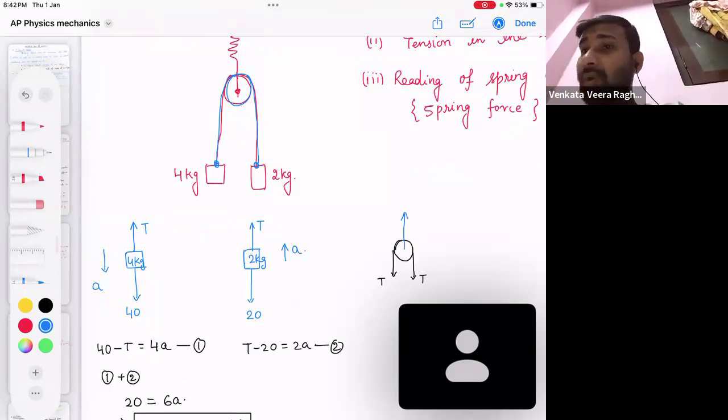The pulley is always in equilibrium. Net force on the pulley, we will always get it as how much? Zero. So if this side tension is T and this side tension is T, and on this side we have the spring force, can I say this spring force is going to be nothing but 2T?